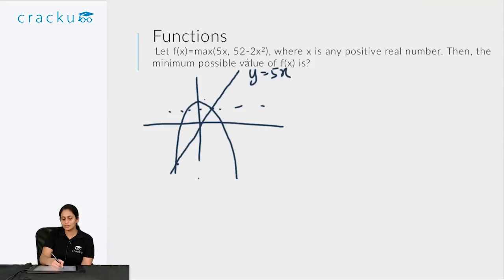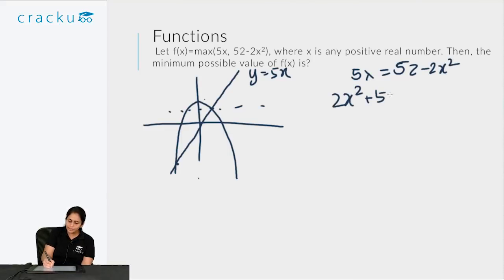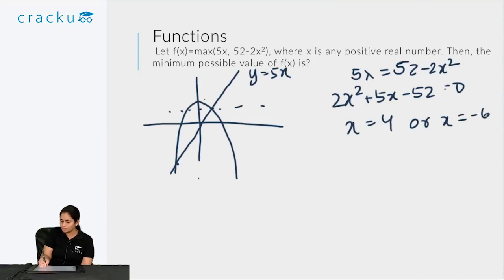So the crossover or minimum value will occur when these two parts are equal. So 5x will be equal to 52 minus 2x square, or 2x square plus 5x minus 52 is 0. So this is basically a quadratic equation. If you solve this quadratic equation, we get x is equal to 4 or x is equal to minus 6.5.